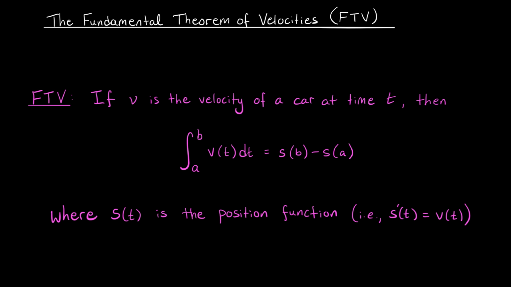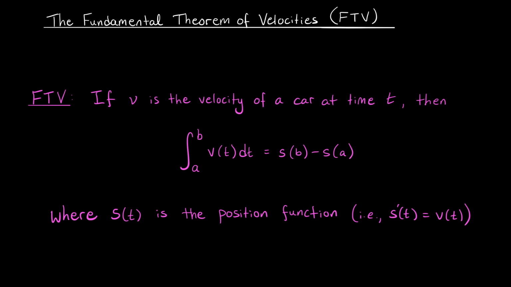I'm going to call our new theorem the fundamental theorem of velocities, or the FTV. It states that if v of t is the velocity of a car at time t, then the area under that velocity curve from t equals a to t equals b, which is denoted by this integral, can be calculated simply as the difference in the car's position, s of b minus s of a, right?